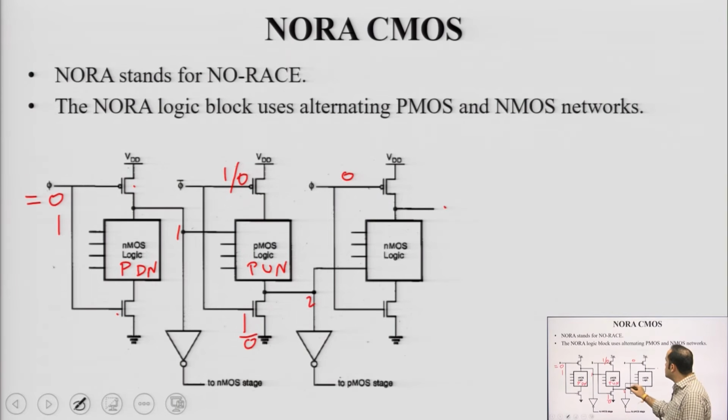So, this node 2 might go to VDD depending upon this logic, or it might hold its previous value. The idea is whenever clock goes high, the NMOS logic evaluates itself, and when clock goes low, the PMOS stage pre-discharges itself and gets ready for the hold stage. This is a typical NORA logic or no race logic block.